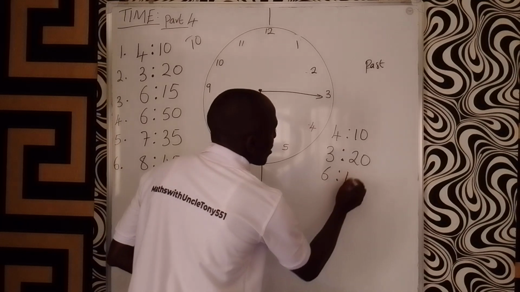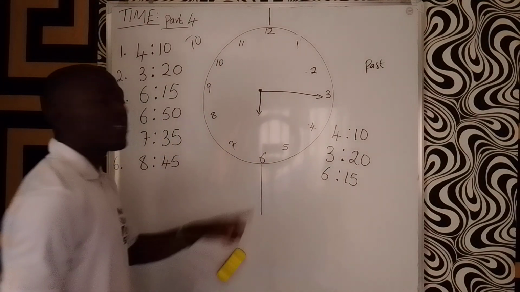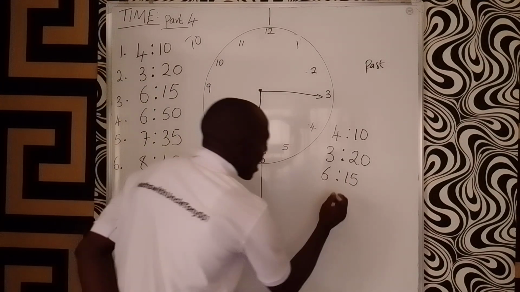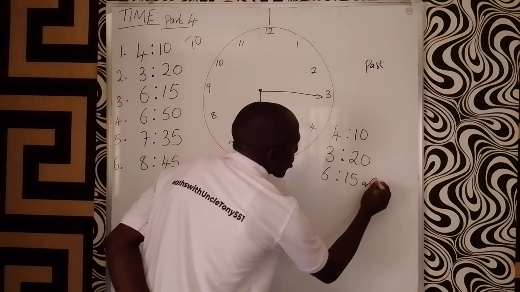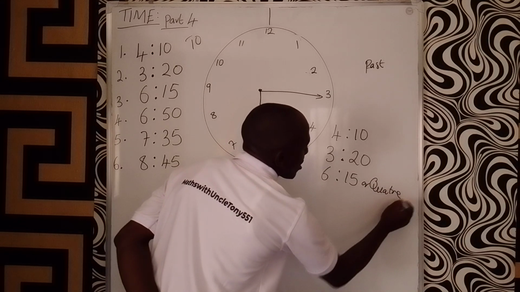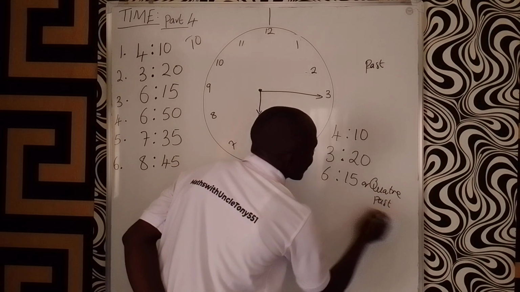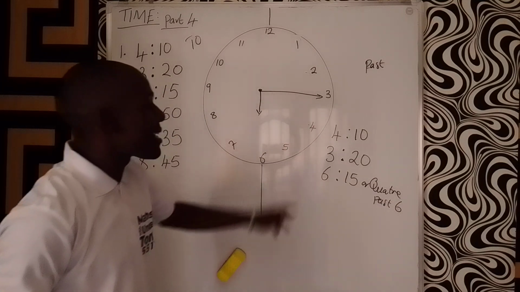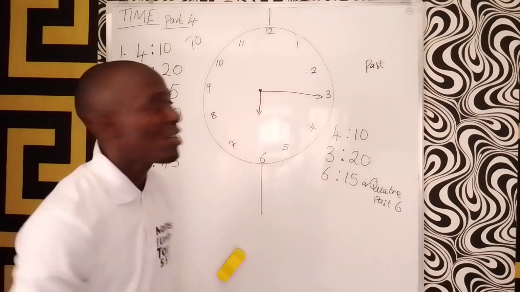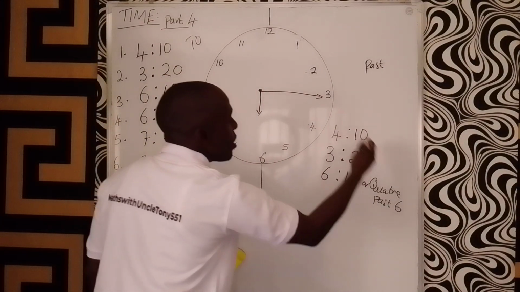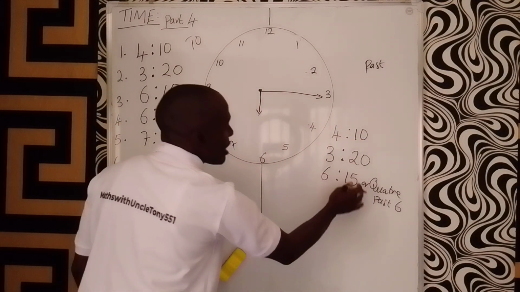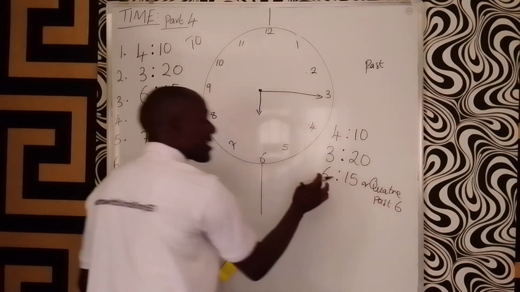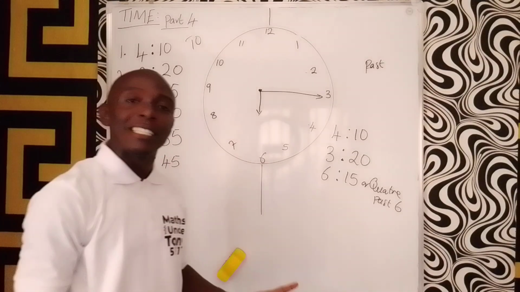That's 15 minutes past 6, or we say quarter past 6. All these are past: 10 minutes past 4, 20 minutes past 3, 15 minutes past 6, or quarter past 6. This is another way of telling the time.